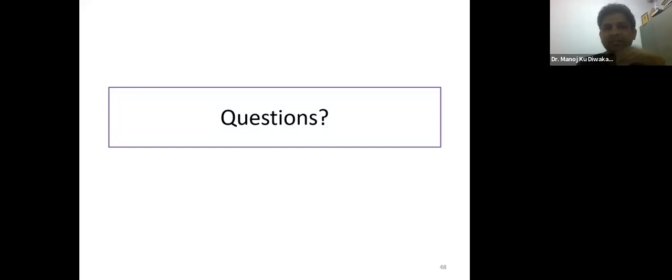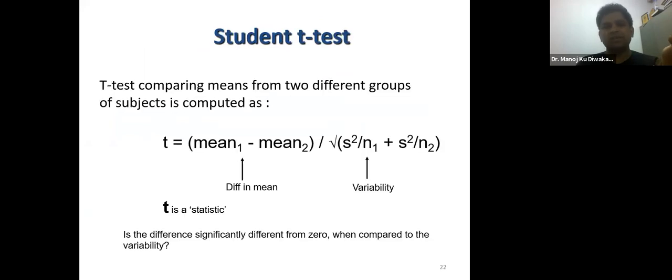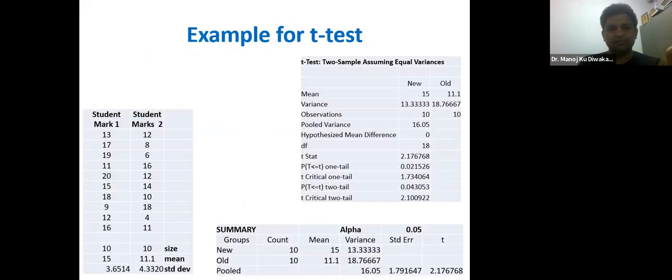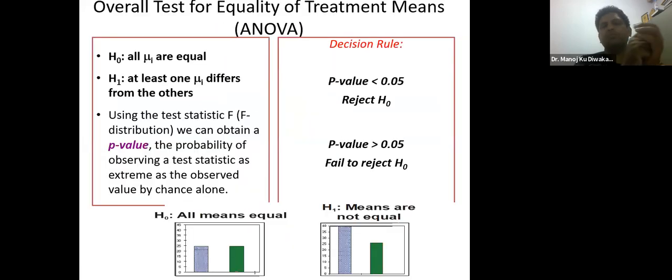So Siddhi from Indore asked about one-tailed and two-tailed tests. So far I talked about the t-test. Here in this test, we talked about the null hypothesis that all mu i's are equal and at least one differs, meaning we are using not equals to. That means we are saying it is a two-tailed test.